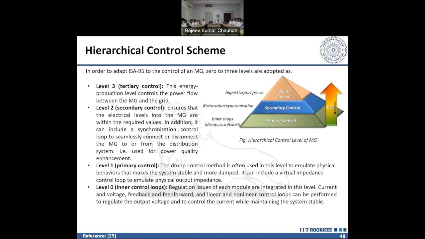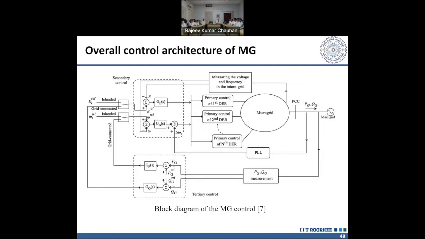But most important comes the primary control, the level 1, which we are talking about. Say this is a microgrid. In this microgrid, a number of devices are connected. Here we will have the individual control of each element. Like we have the different sources.